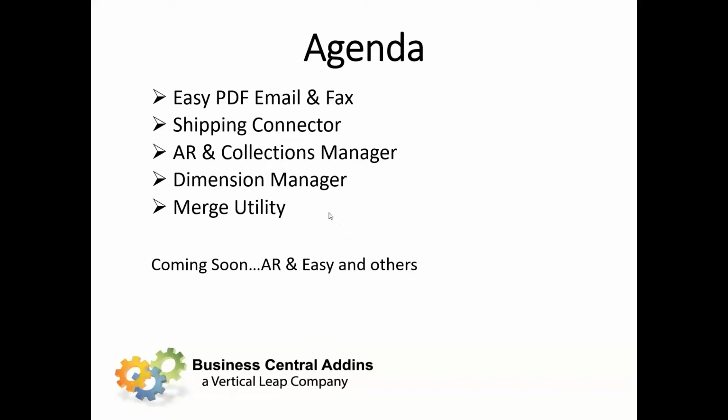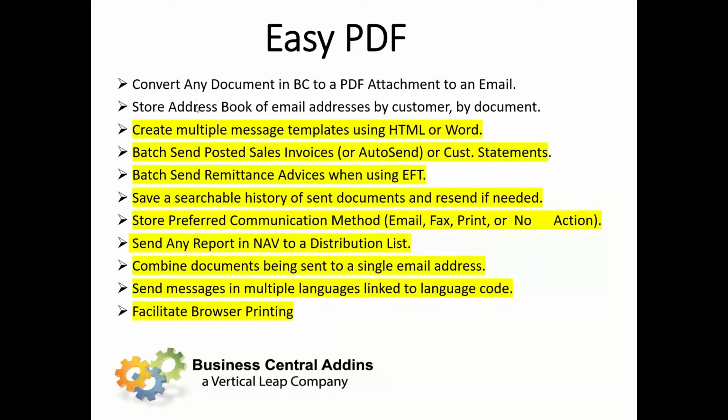So let's get going. On this screen, you'll see a bunch of things that are not in yellow and some things that are highlighted. The things that are not highlighted are what Business Central does out of the box. The things that are highlighted are what our add-ons do. Business Central will allow you to convert any document in BC to a PDF attachment to an email.